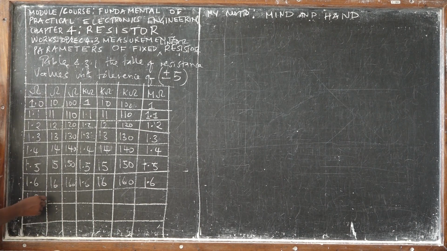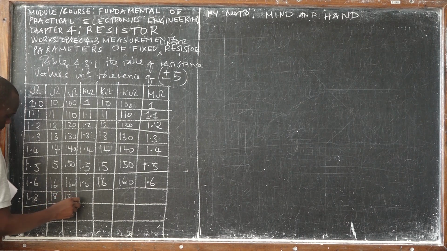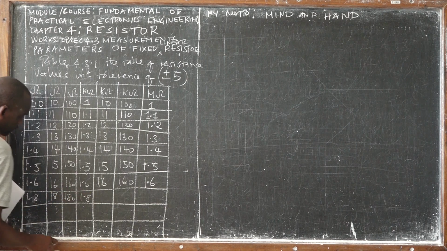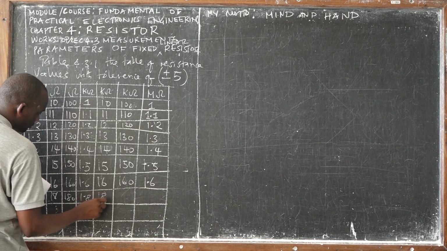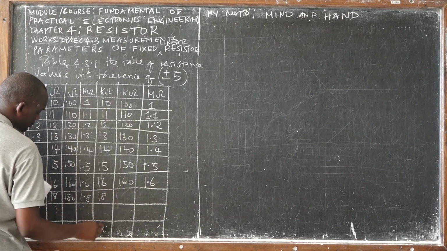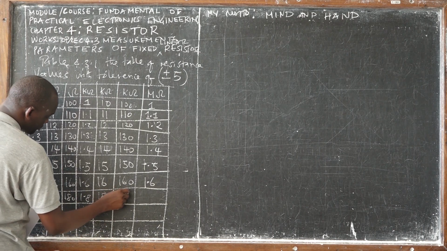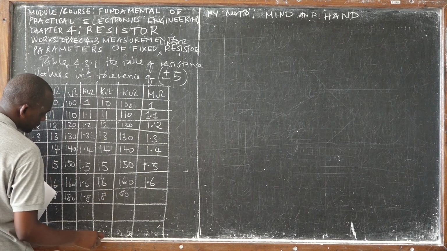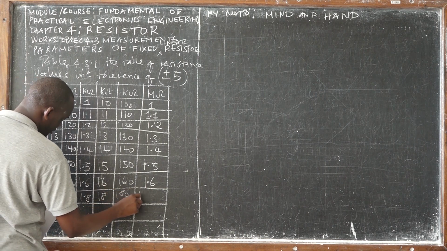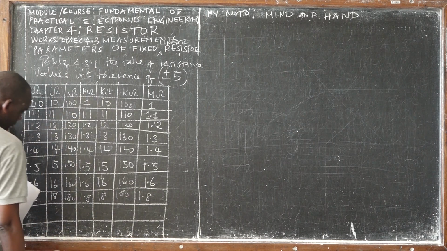So 1.8, this is 18 ohm, 180 ohm, 1.8 kilo ohm, 18 kilo ohm, 180, then 1.8.